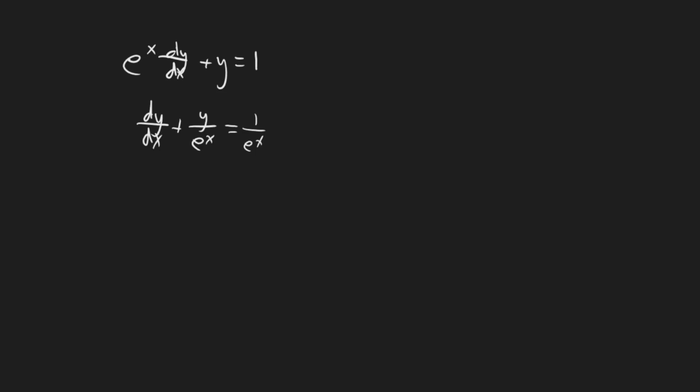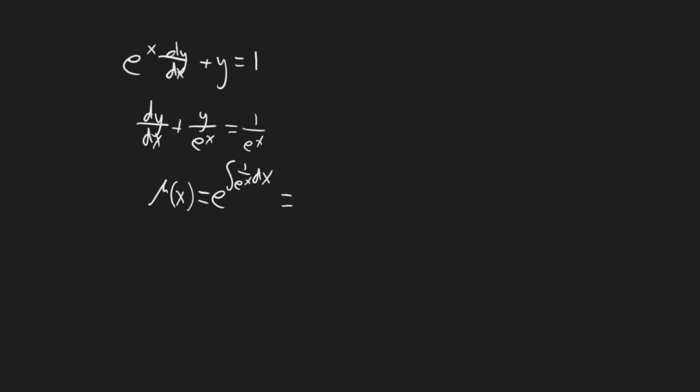So in this case, we're solving for y, so the integrating factor is going to be a function of the other variable. In this case, that's x. So mu of x equals e to the integral of whatever's in front of the variable we're solving for in the ODE. Here it's 1 over e to the x, so e to the integral of 1 over e to the x dx.